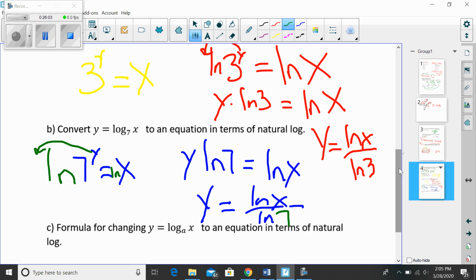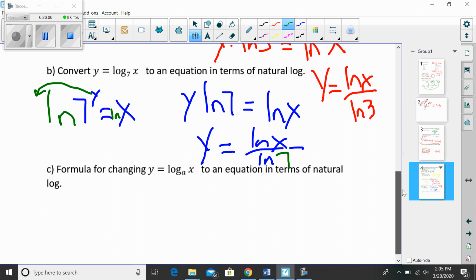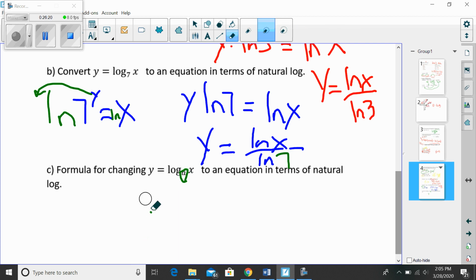So if I want to take any log equation and change it to natural log, no matter what my base is, so call the base a, for any base, I can write this. So let's go like this.